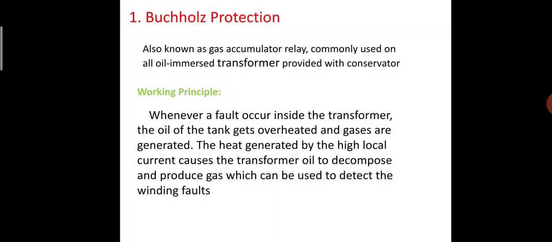Due to this, the lower float is tilted and in turn closes the trip circuit of the circuit breaker, thereby disconnecting the transformer from the supply.